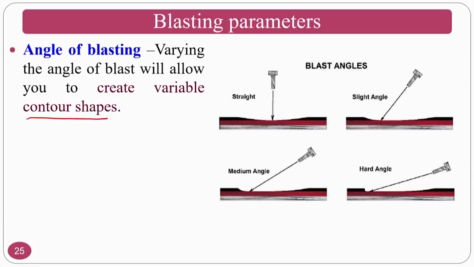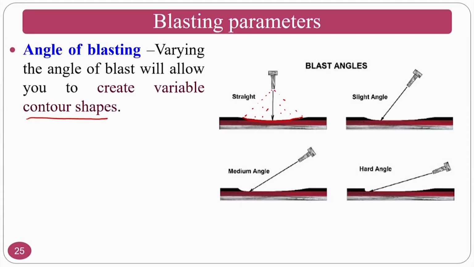As you see in this figure, if I go for a straight one, you will get a feature like this, because you are going to get a divergence here. If your nozzle is like this, your blasting takes place in this direction, so you get a feature like this.